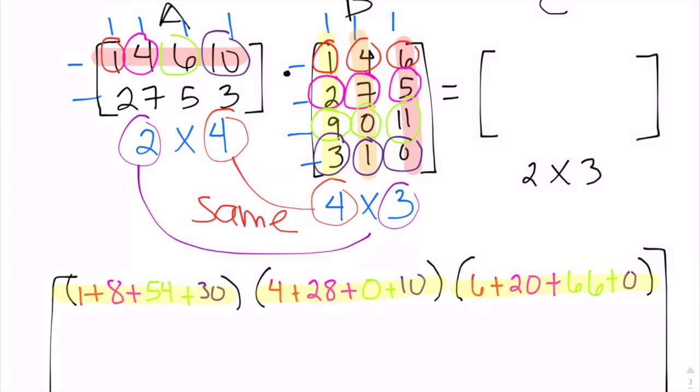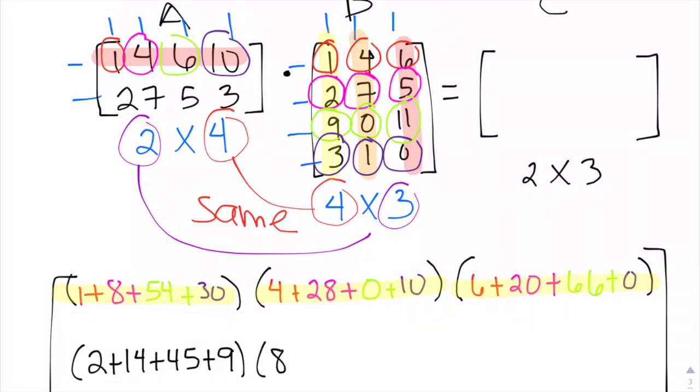So 2 times 1 is 2, plus 7 times 2 is 14, plus 5 times 9 is 45, plus 3 times 3 is 9. Then 2 times 4 is 8, plus 7 times 7 is 49, plus 5 times 0 is 0, plus 3 times 1 is 3.